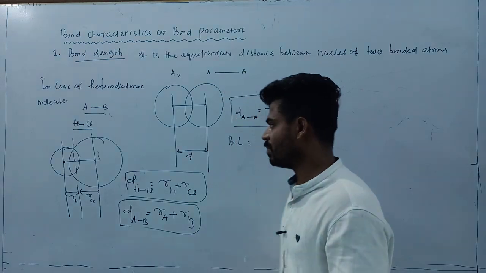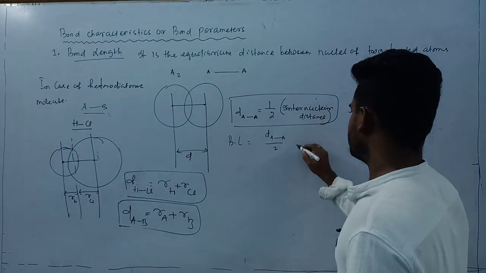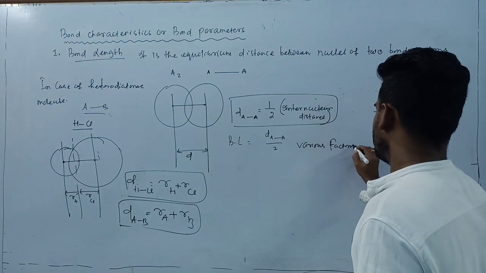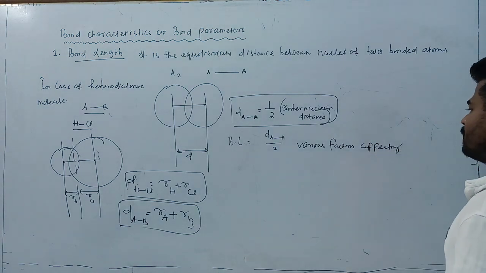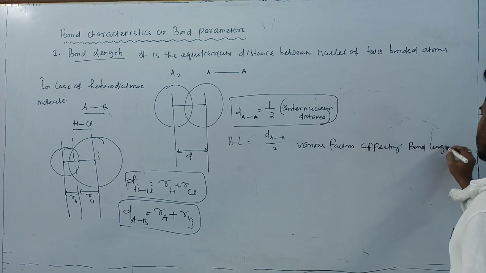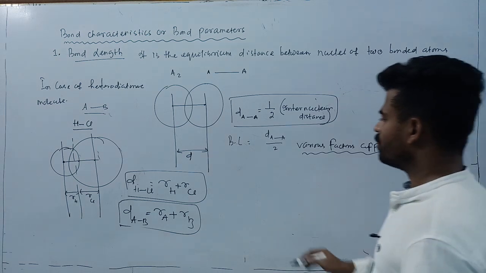Then I am considering various factors affecting bond length. What are these factors? First one is atomic size, obviously.